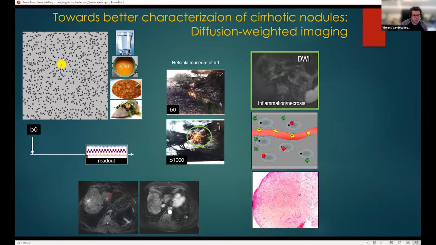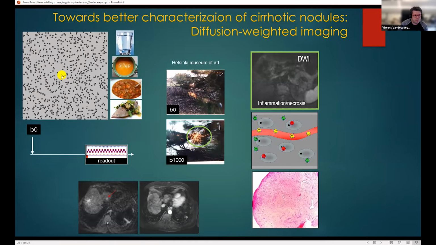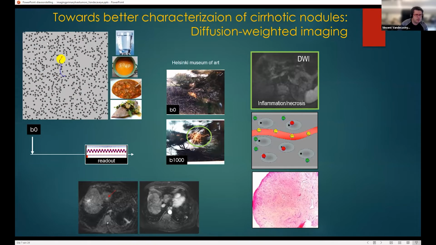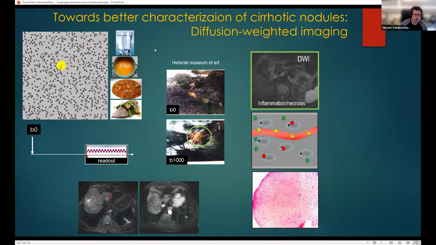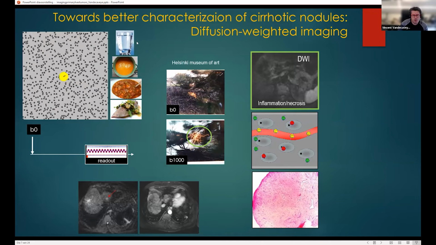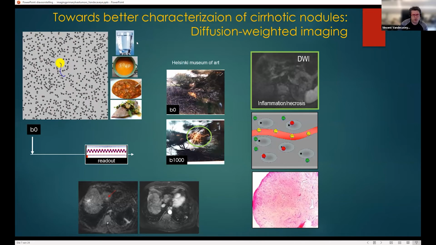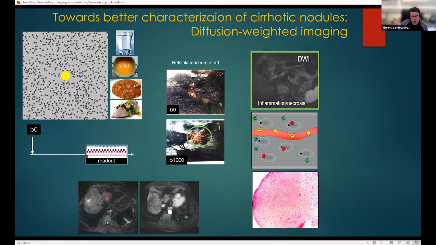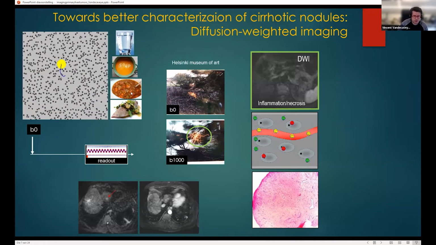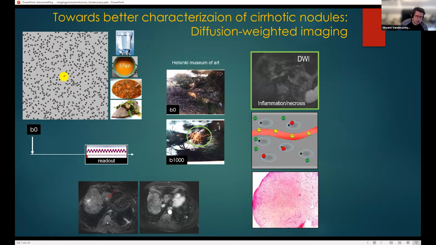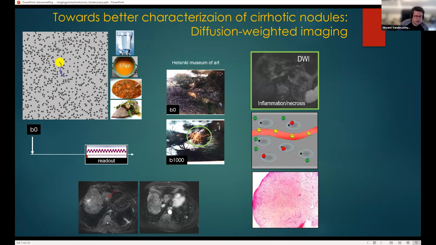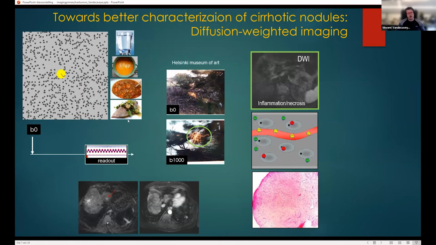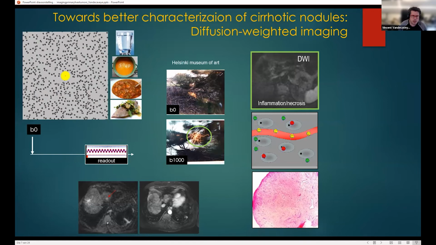This is one water molecule, the random pattern of movement depicted between all kinds of water molecules. And the movement, or Brownian movement, of the water molecules will be different in water, in a good soup, a borscht, a very thick soup from Poland, or in this baked liver, where there will be a lot of restriction of the water.